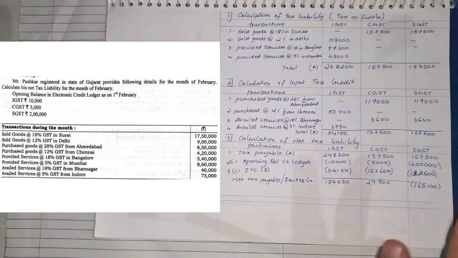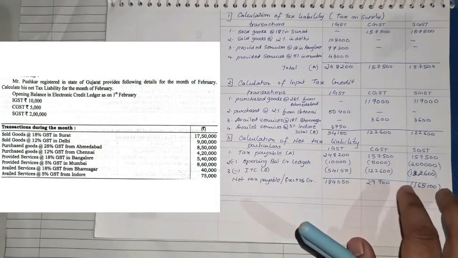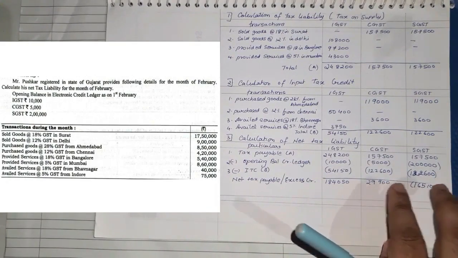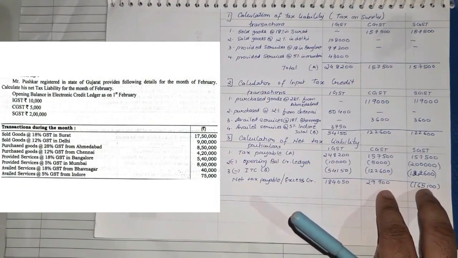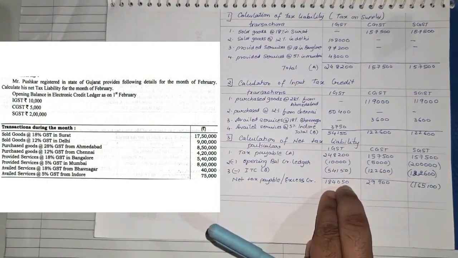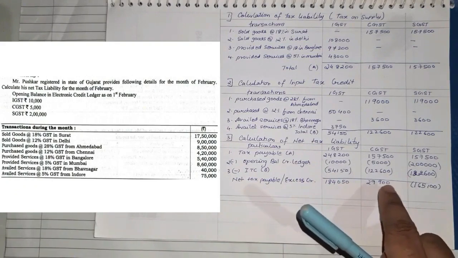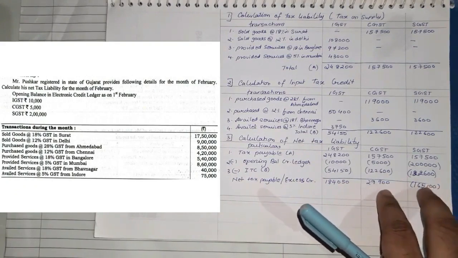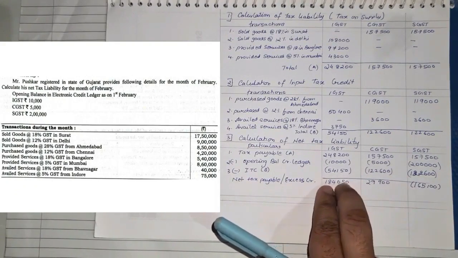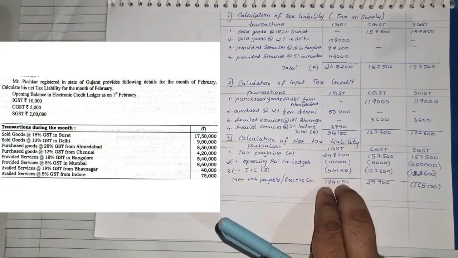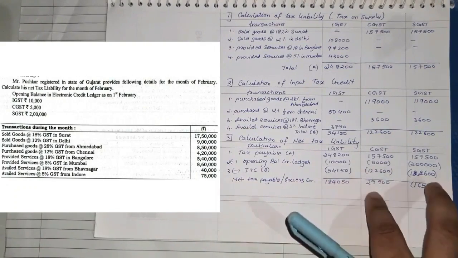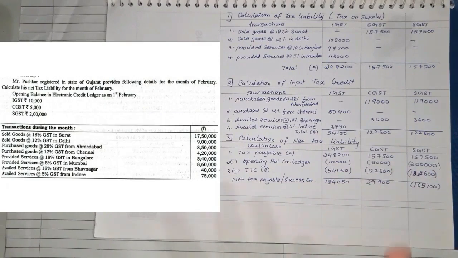If there is an excess in CGST and SGST, you can use them to pay off your IGST. Again I repeat, if there is an excess of CGST and SGST, you can use that to pay off IGST, and if there is an excess in IGST, you can use that to pay off CGST and SGST. That's the most important part.